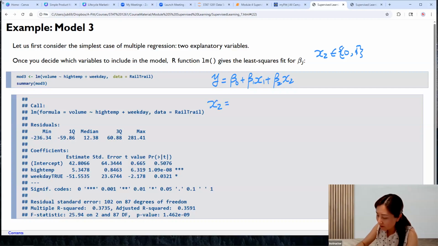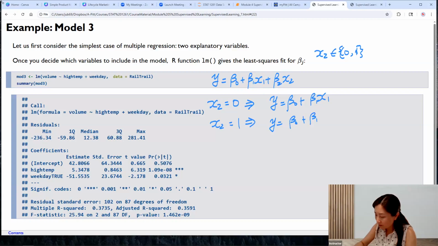If x2 is equal to 0, then y will be equal to beta 0 plus beta 1 x1. The last term is gone. And then consider the other case, x2 is equal to 1. Then y is equal to beta 0 plus beta 1 x1 plus beta 2 times 1, which is equal to beta 2, a constant. So we can combine it with beta 0.